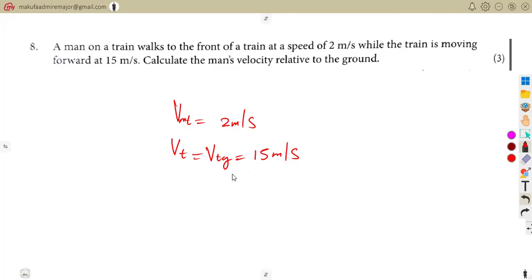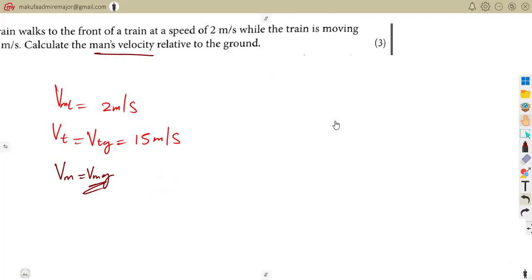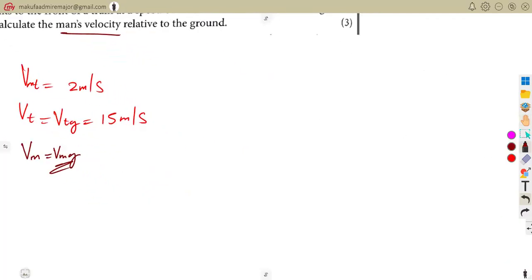Because the man is moving to the front of the train, and the train is moving forward, both are in the same direction. Then we're going to manipulate the formula to calculate VM, the man's velocity with respect to the ground. We're calculating VMG, also known as VM.